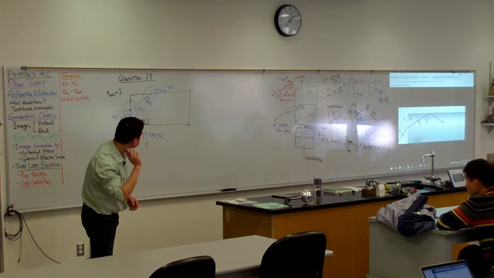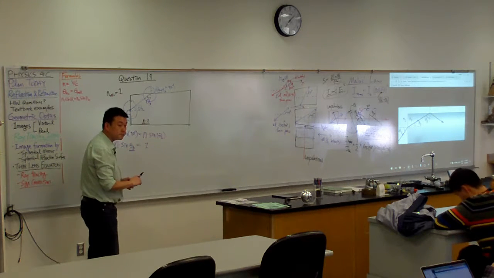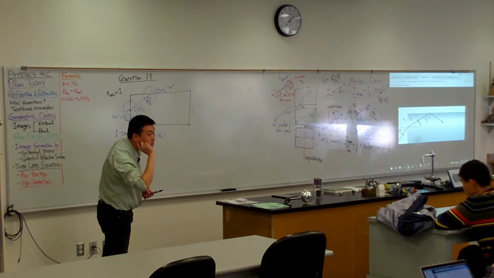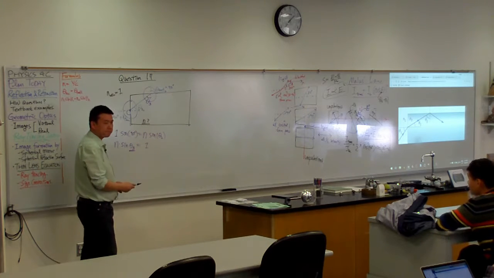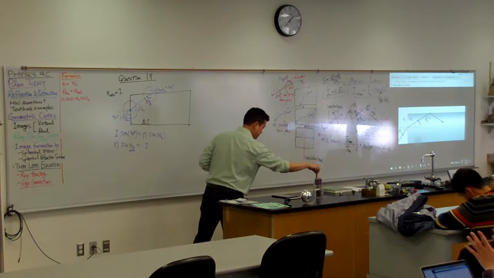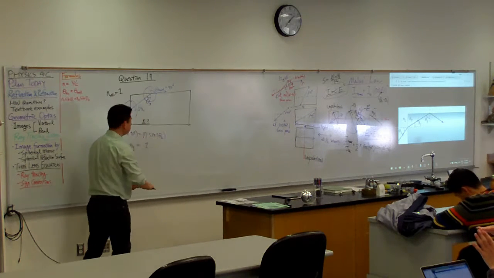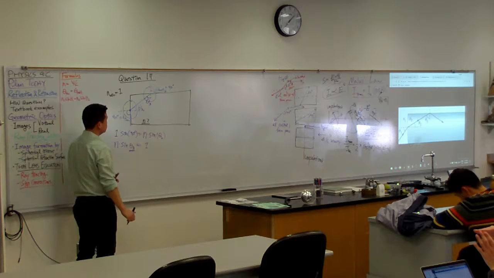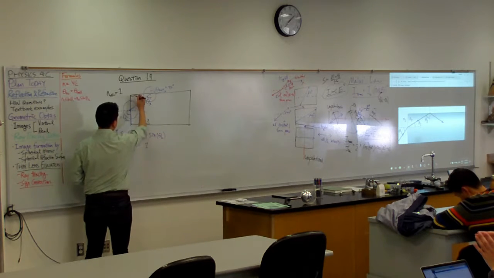Theta 2 plus theta 3. They are equal to 90 degrees? Yeah, how do you know that? First, the sides of the media are perpendicular. Okay, you think this is perpendicular.